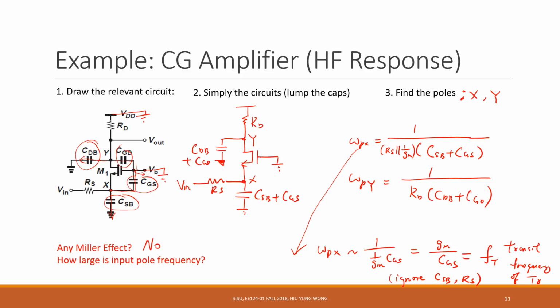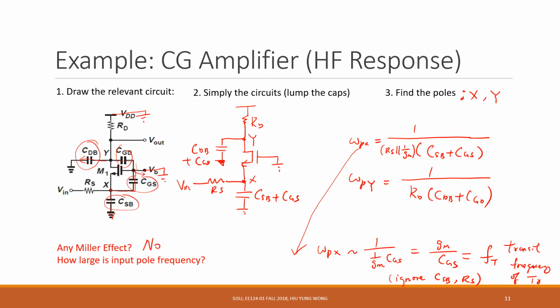So it's basically saying that the input pole has no effect on the circuit, because any circuit built from this transistor should not operate faster than the transit frequency. And the input pole is the transit frequency. So there is no effect on the circuits, because there will be another pole that is dominating. And in this case, omega py is the dominating pole.